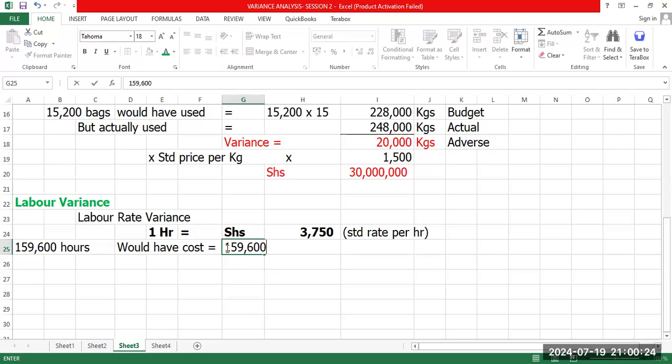So the number of hours we multiply by the price, the rate. And that would be how much? If you multiply, what do you get? 598,500,000.